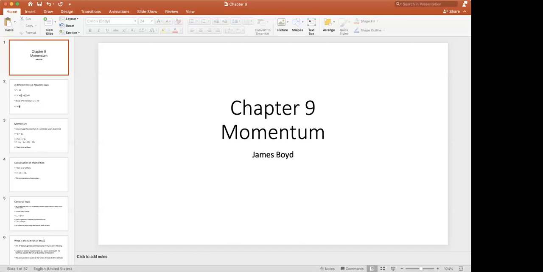Momentum's fun because it's real world stuff. Of everything we've done so far, momentum has the largest impact on any real world situation that you want to try to figure out. You can go home and use this to figure out all sorts of stuff.